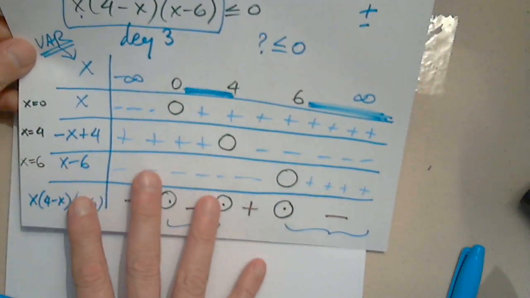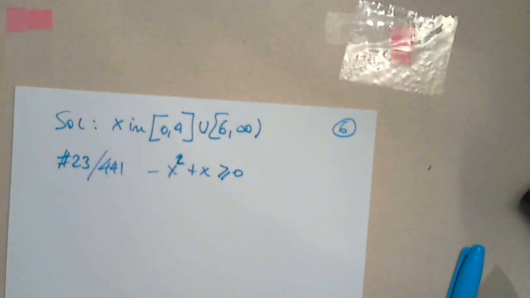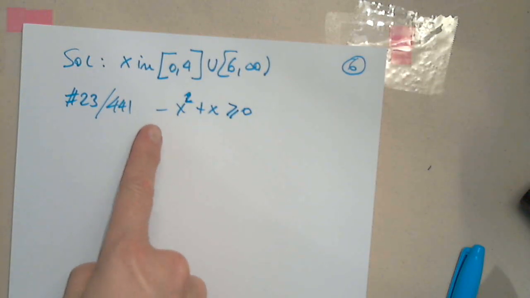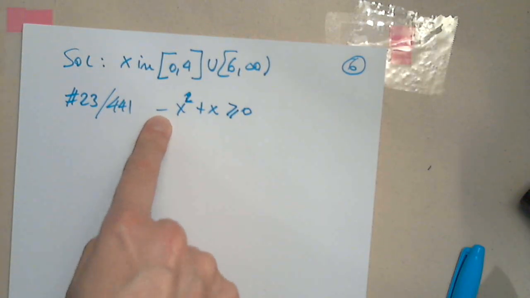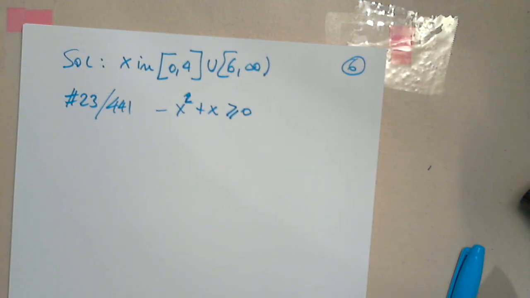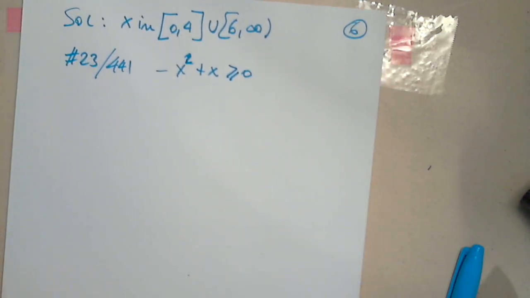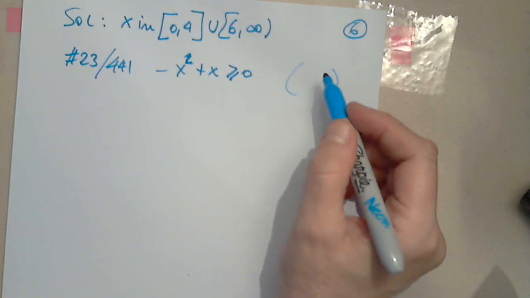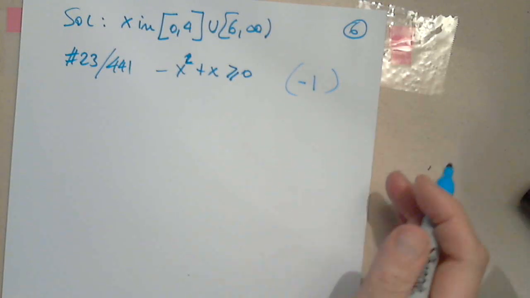Immediately we went to the table, we filled it in, and we got the answer. But this time, I see two issues. One, I don't like that negative sign. Secondly, it's not factored. So that is easy to get rid of. How do I get rid of this sign? Multiply by negative 1. Very good.